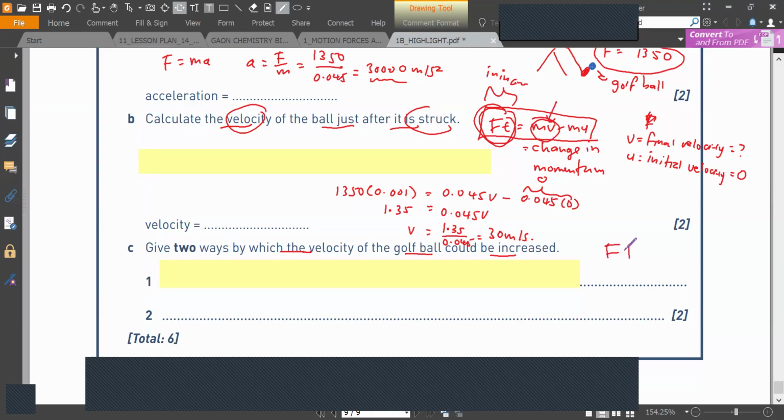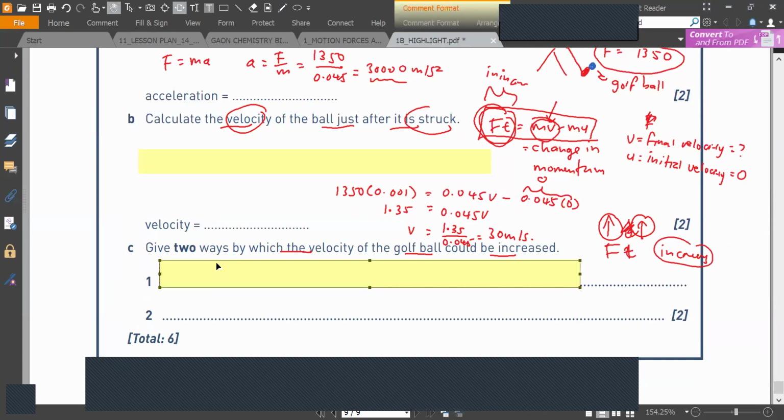If we want Ft to increase, either the force should be increased, and the time should be increased also. If both of these increase, then the total of Ft will increase.